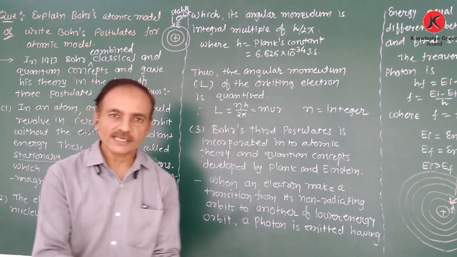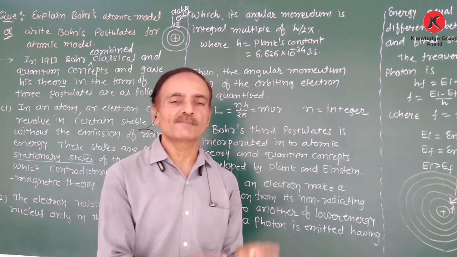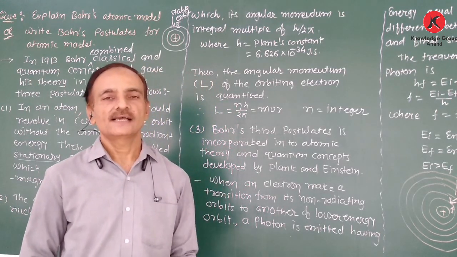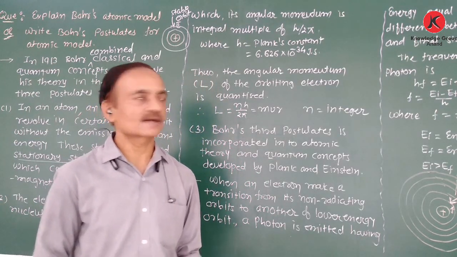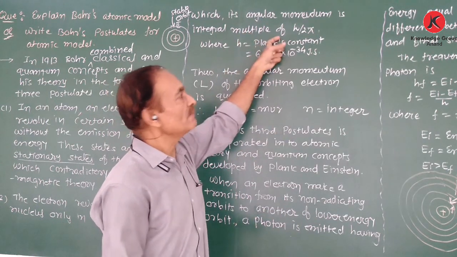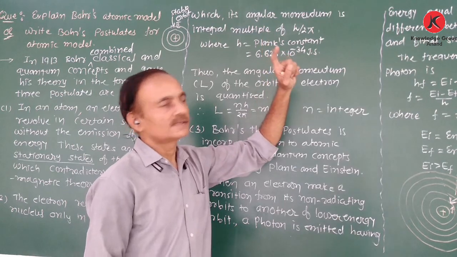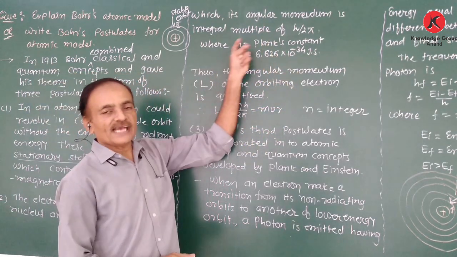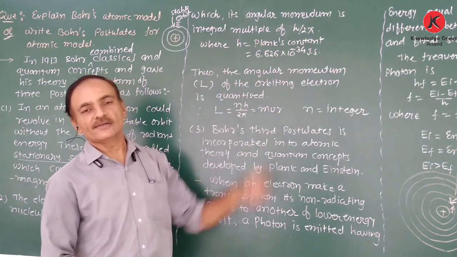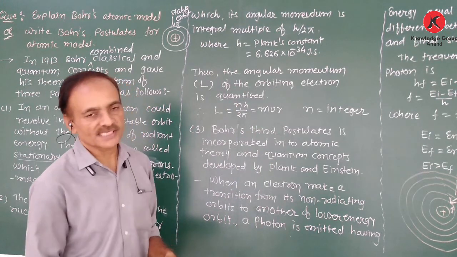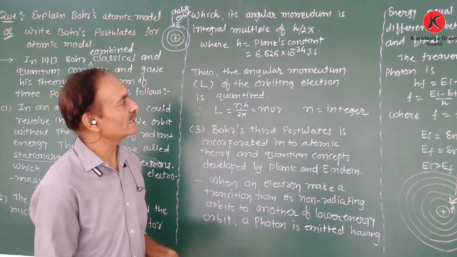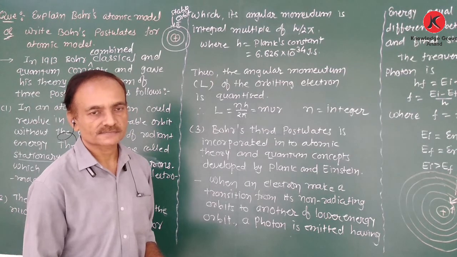But the electron can evolve in those orbits for which its angular momentum is equal to an integral multiple of h upon 2 pi. Here h is Planck's constant. Its value is 6.626 × 10⁻³⁴ joule second.